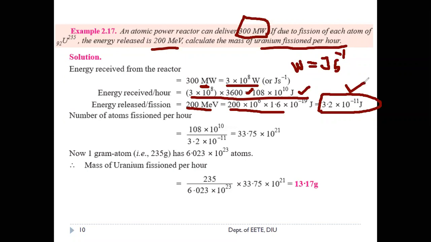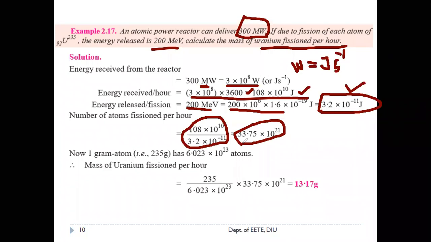If we divide the total heat by the heat for one atom, we will get how many atoms participated in that fission reaction in 1 hour. So we just divide the total heat by the heat of one atom. Basically this is the total number of atoms participating in 1 hour.